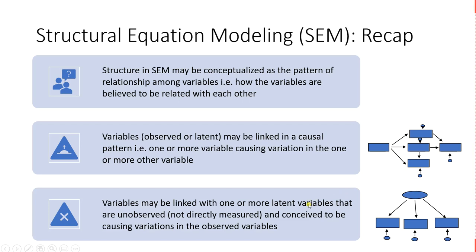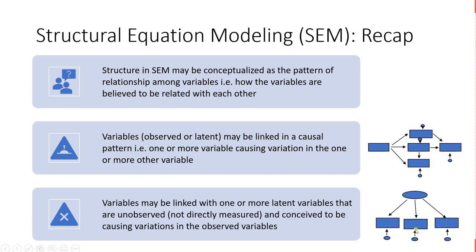But there may be another type of model, which is called a measurement model, in which variables may be linked with one or more latent variables, that is called factors. The unobserved variables are generally represented by ovals. You see this picture. So this is one factor, say intelligence, and these are the indicators, say verbal reasoning, working memory, and visual reasoning.